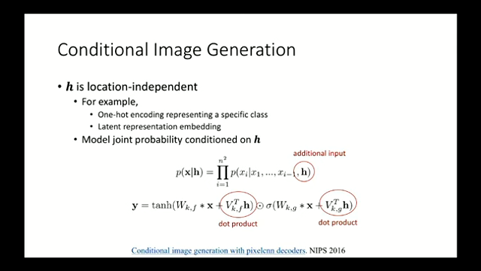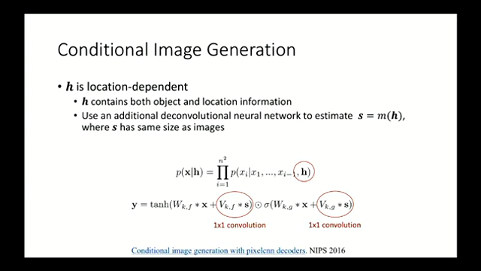This vector can be a one-hot class definition or a high-level image description embedding. Another case is when this vector contains some location information: we first go through a deconvolutional layer to estimate an image-size vector, and we feed this image-size vector into the deep structure we've talked about before.